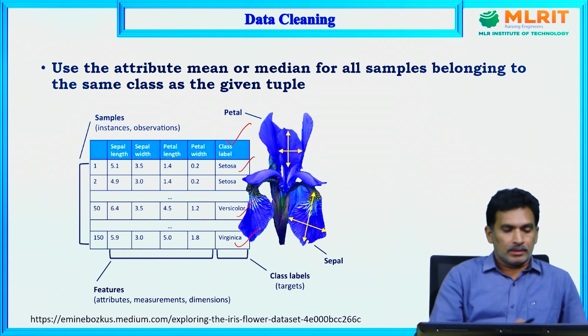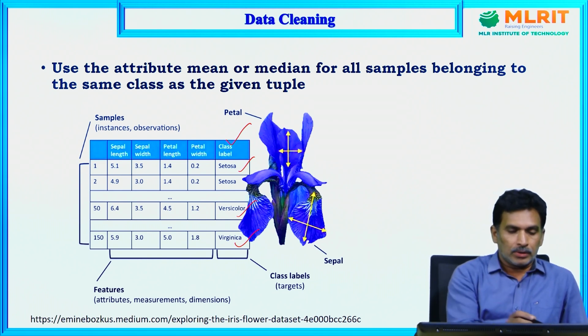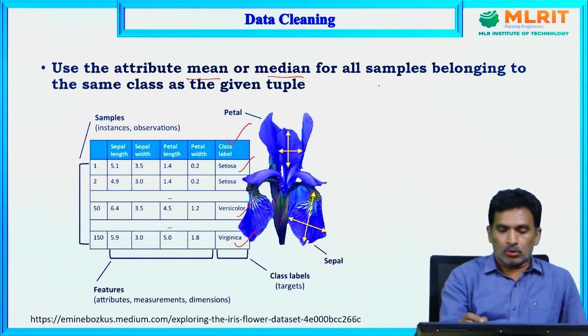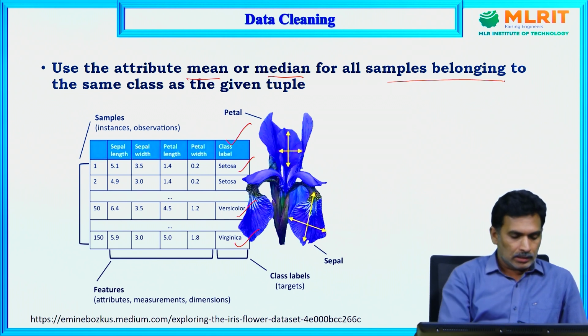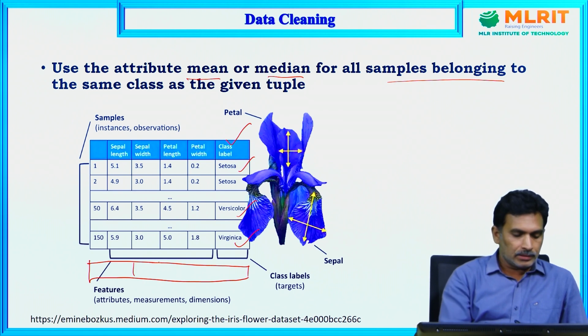By using this approach, how are we going to impute the missing values? Here we are going to use the attribute mean or median for all samples belonging to the same class. Let us say there is one more sample where this is missing.